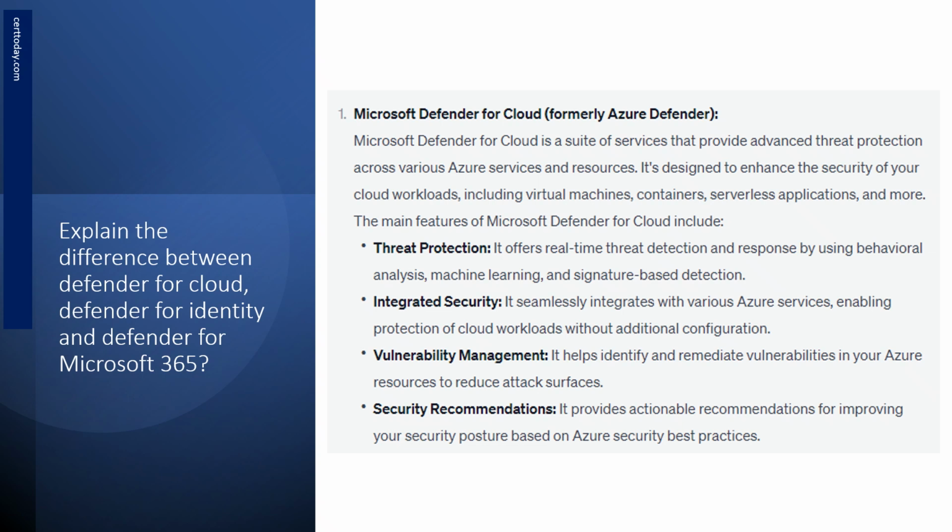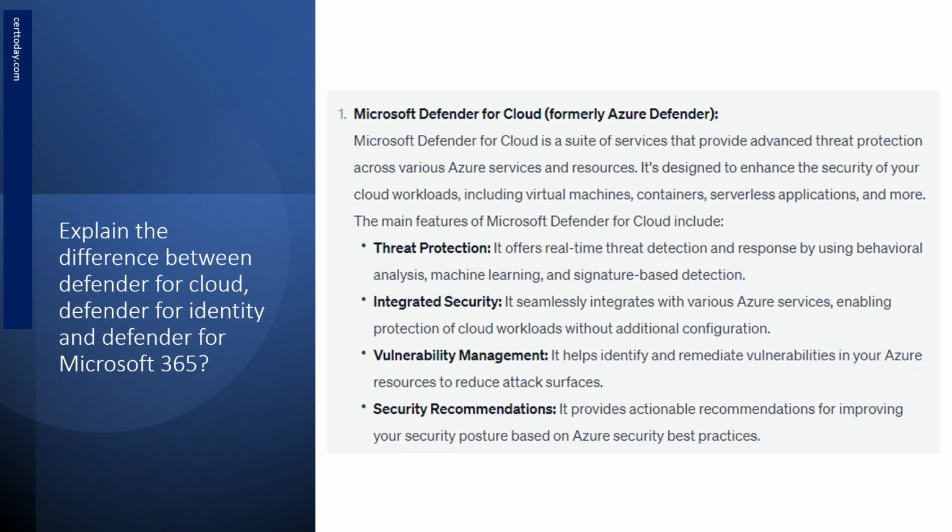Explain the difference between Defender for Cloud, Defender for Identity, and Defender for Microsoft 365. There are, as you have seen, several Defenders, and Microsoft has rebranded all of these products. So I think it is important to understand the difference in order to answer some questions in this exam. Microsoft Defender for Cloud was formerly known as Azure Defender.